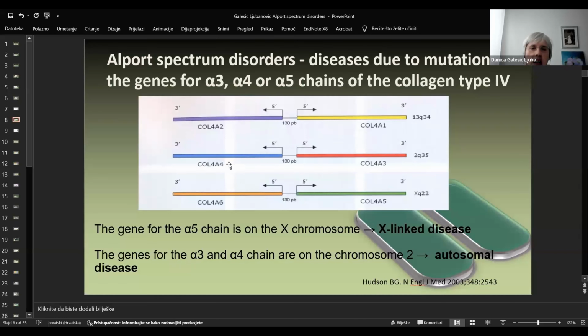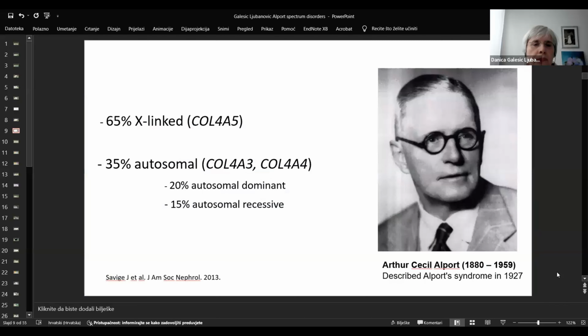The genes for alpha 3 and alpha 4 chains are on the 2nd chromosome, and if there is a variant in these genes, the patient will have autosomal disease. 65% of patients with Alport spectrum will have X-linked disease, and the rest will have autosomal disease: 15% autosomal recessive and 20% autosomal dominant.